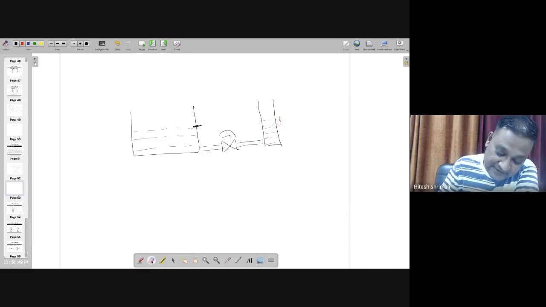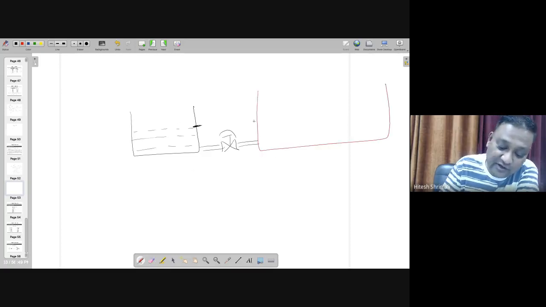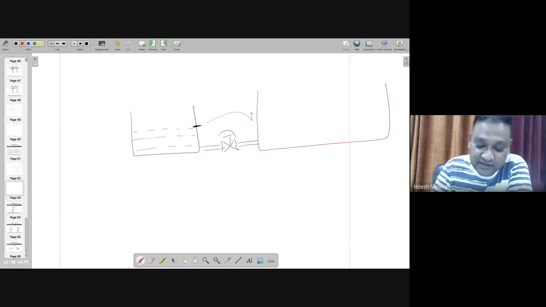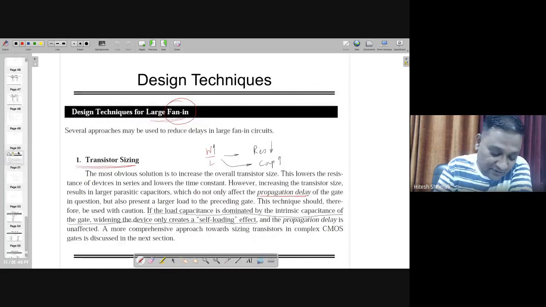But if it is the reverse, if it is a bigger capacitance than this one, then you cannot achieve the exact logic level. So you have to make sure that the capacitance of the next level is more, so that it does not create a problem.